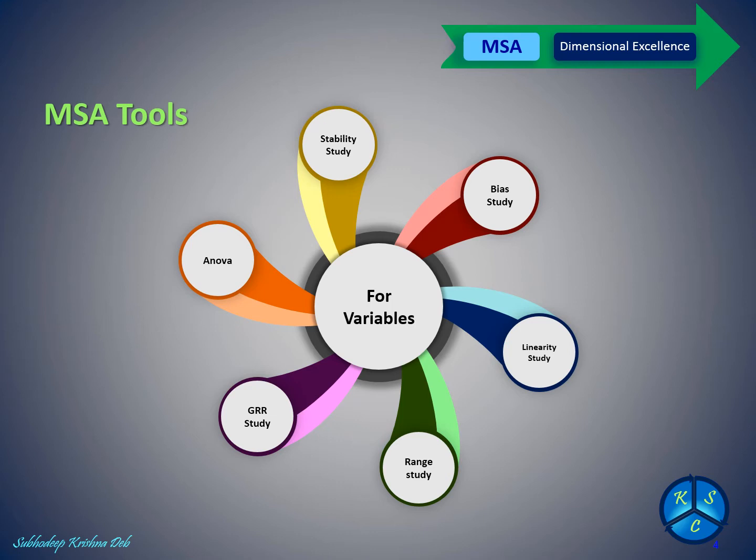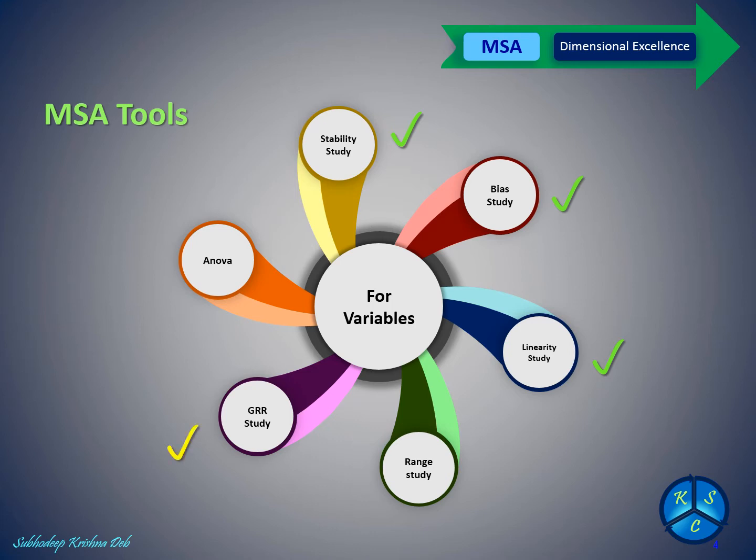In the last video, we have seen that there are 6 MSA tools for the variable data, and we have also understood that there are majorly 4 tools which cater to the maximum requirement of the gauge study for the MSA and improvement of the measurement system. So in the last video, we have completed the first 3 tools, that is the stability study, bias study and the linearity study.